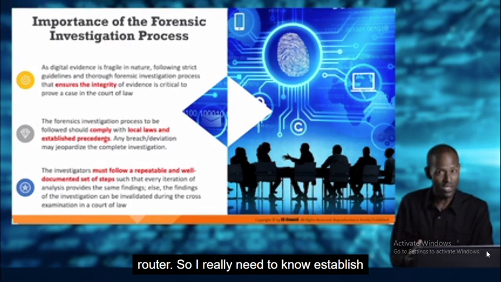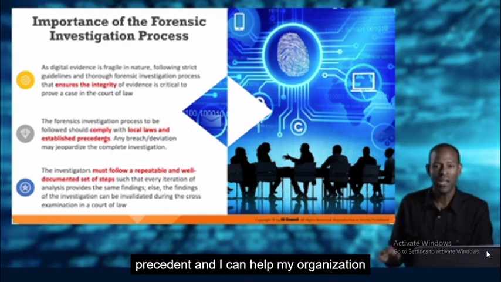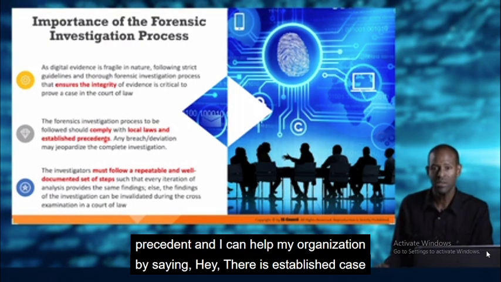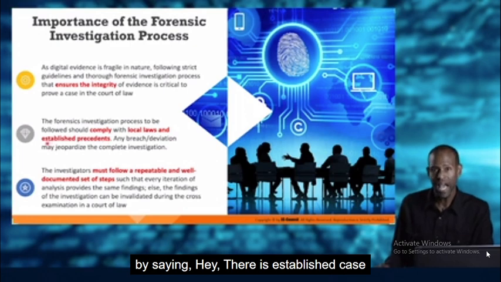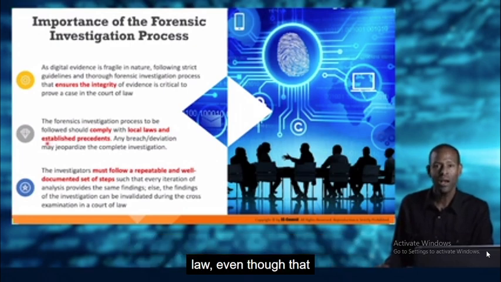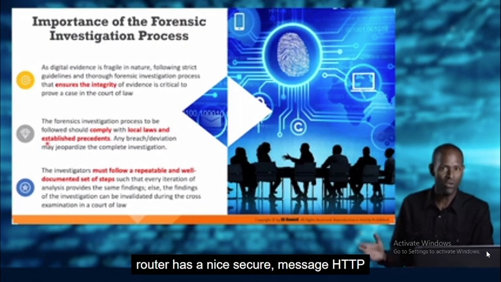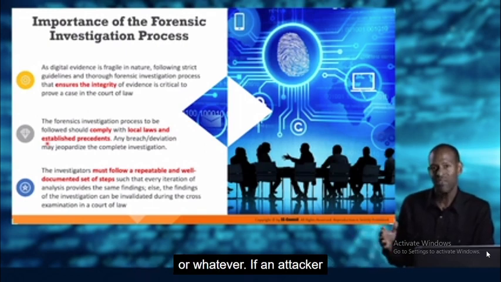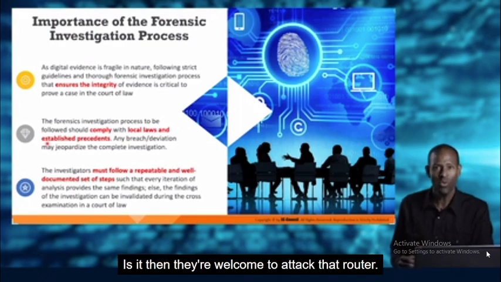So I really need to know established precedents, and I can help my organization by saying, hey, there's established case law. Even though that router has a nice secure message, HTTPS or whatever, if an attacker discovers it, then they're welcome to attack that router.